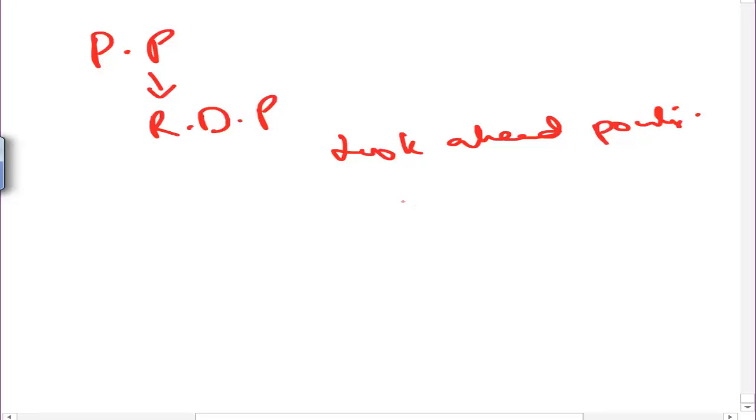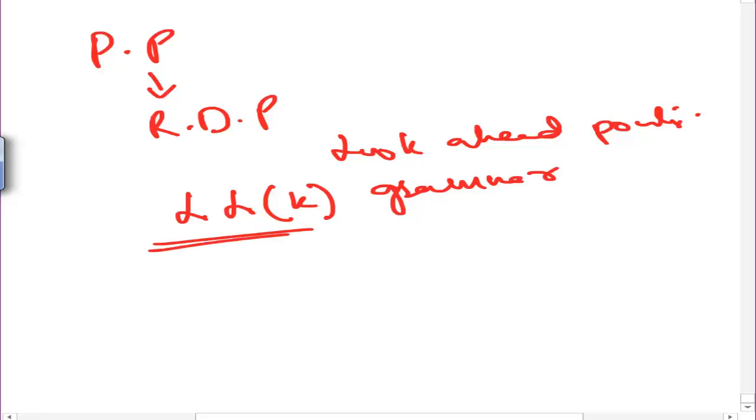To make our parser backtracking free, the predictive parser puts some constraint on the grammar, so that the grammar should be an LL(k) grammar. This is our constraint: the grammar should be an LL(k) grammar. Only then can it be a predictive parser and make predictions about which production to use.